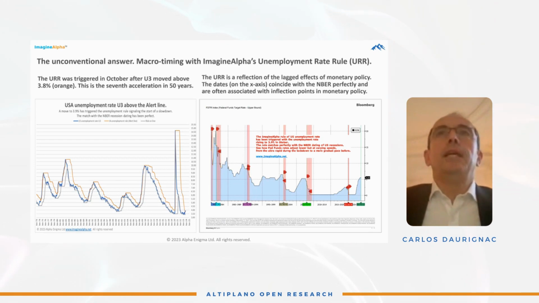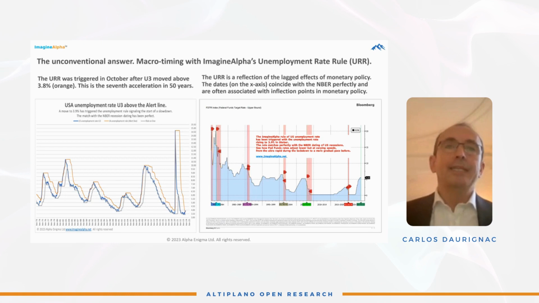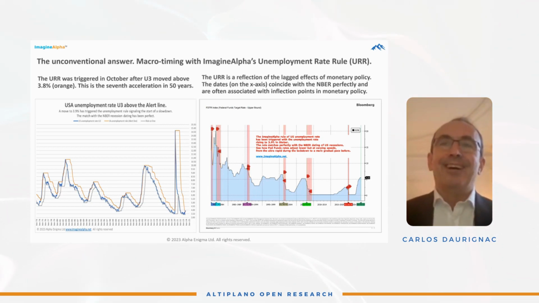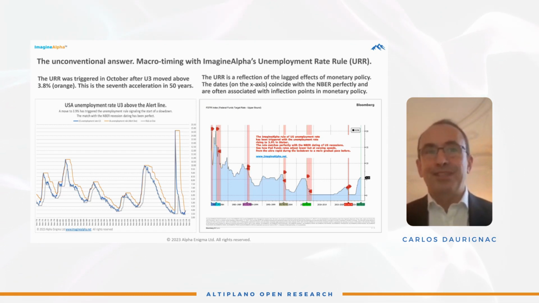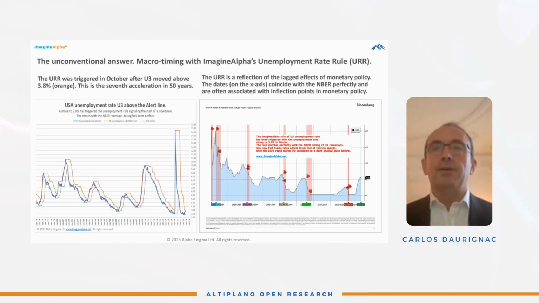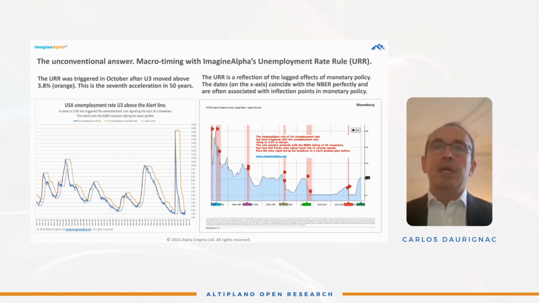So the important thing is that, and that is the chart on the right, as I was mentioning earlier, the colored dates on the x-axis on the right chart are the dates of our unemployment rate rule crossing the alert line, which is the orange line, and the shaded areas are the NBER recession dates.